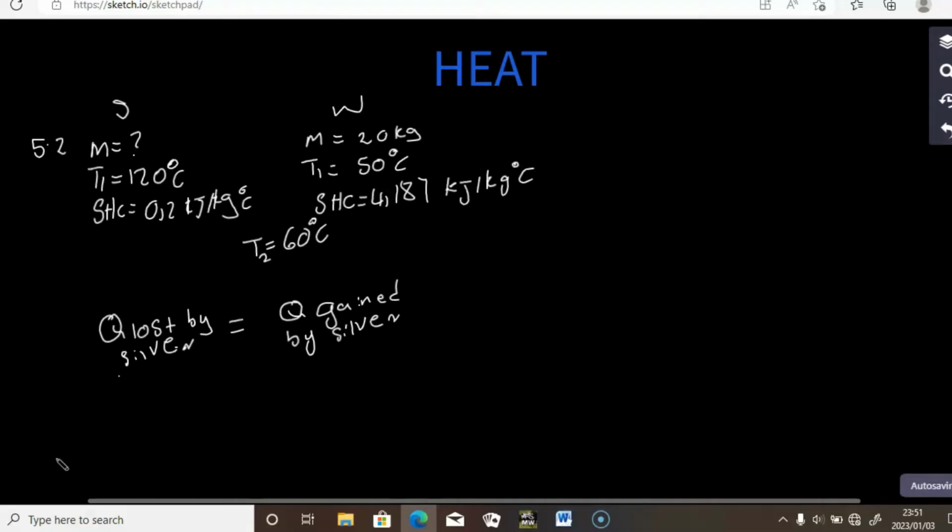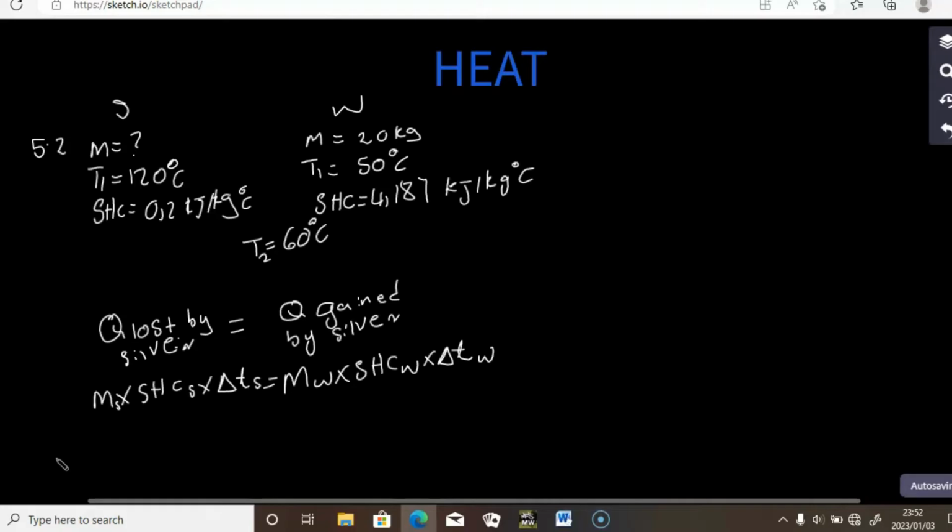The Q lost is equal to the mass of silver times the specific heat capacity of silver times the change in temperature of silver. And the Q gained will be the mass of water times the specific heat capacity of the water times the change in temperature of that water.